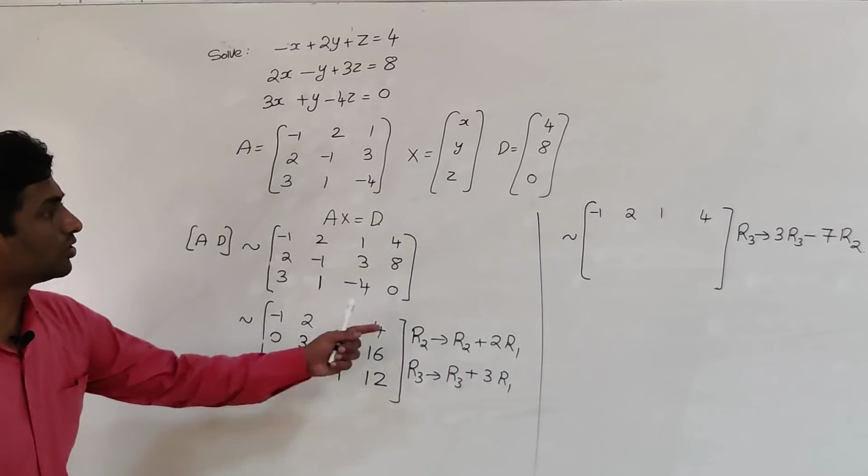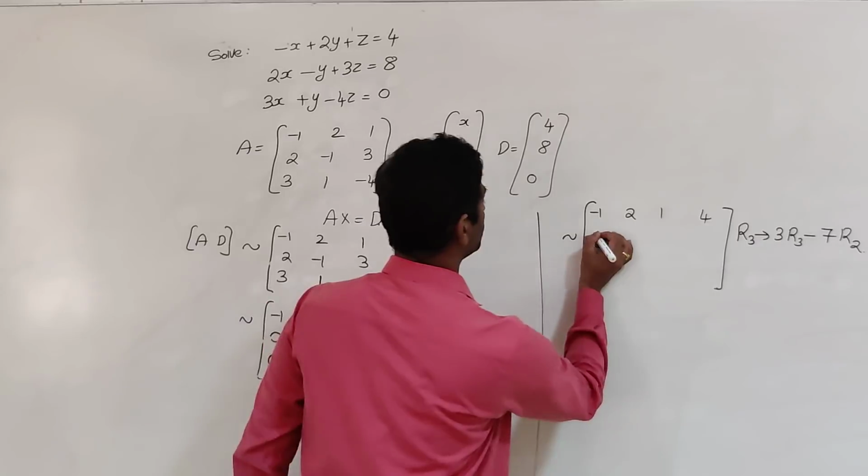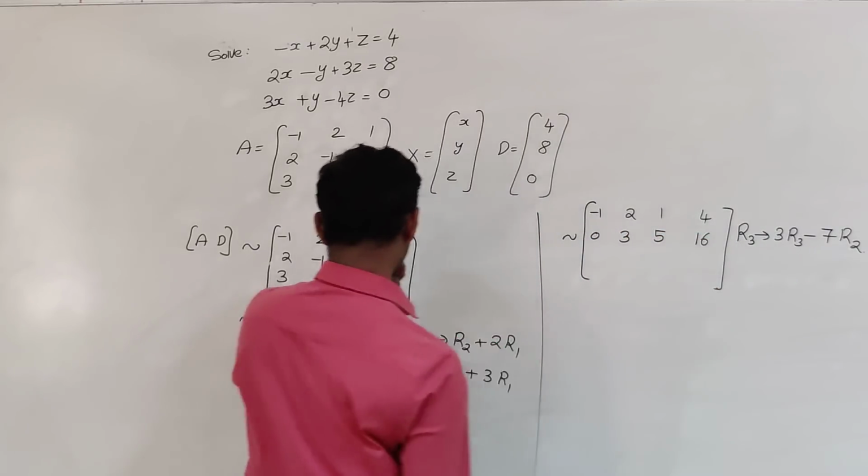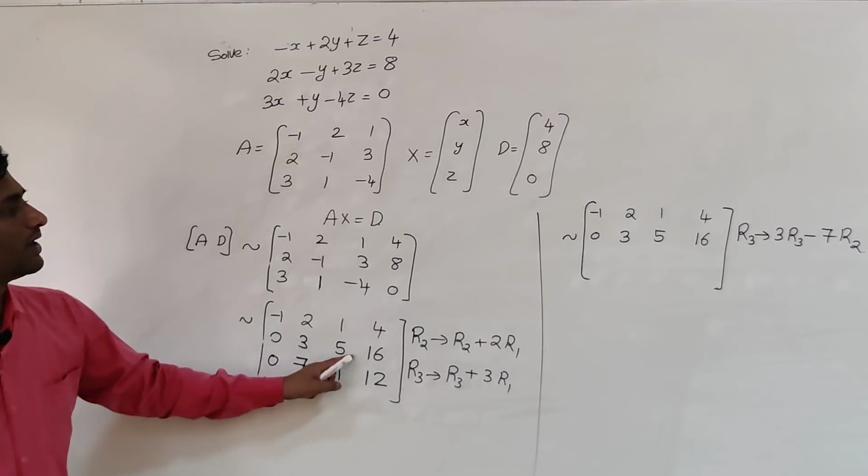The second row also doesn't change, 0 3 5 16.